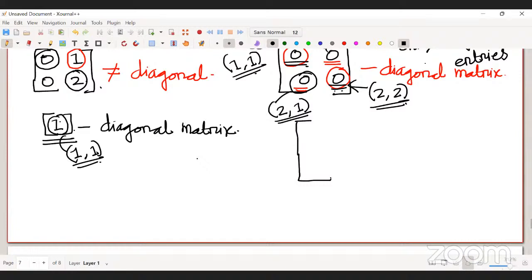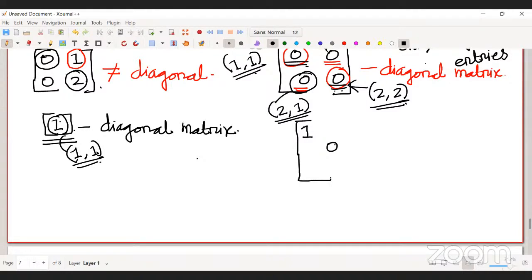In other words, we can say that it is not meeting the condition, but at the same time, it is not contradicting the condition as well. If it's not meeting the condition, then certainly you cannot say it is a diagonal matrix.